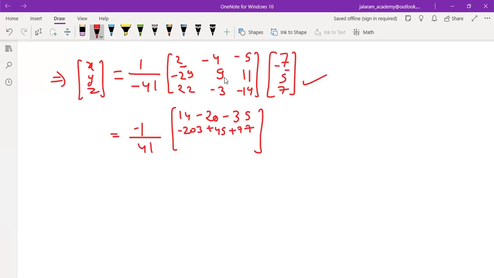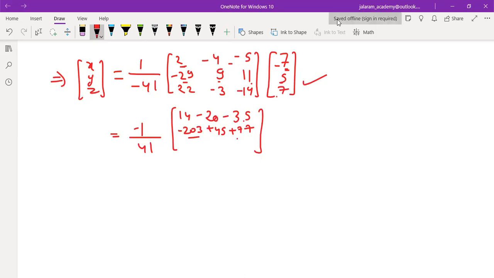7 2s are 14, 2 7s are 14, minus 4 5s are 20, minus 5 into 7 is minus 35. Second row, 29 7s are 203, so minus 203, 9 5s are 45 plus 11 7s are 77.